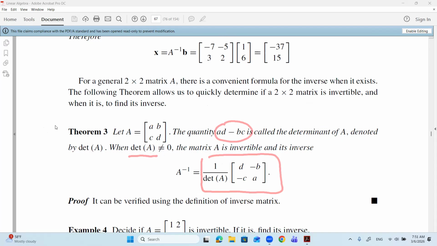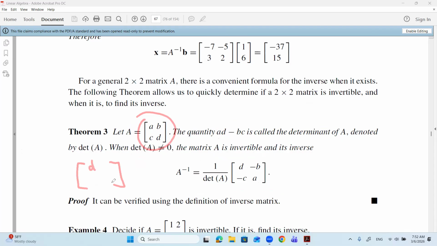As you can see from the given A, we can write its inverse. Let's look at the diagonal: the entries are swapped. AD becomes DA, swapped positions. Originally you have A, B, C, D, but for the inverse, you swap the diagonal entries. That is, D becomes here, A is there. And for the non-diagonal entries, we make them negative.